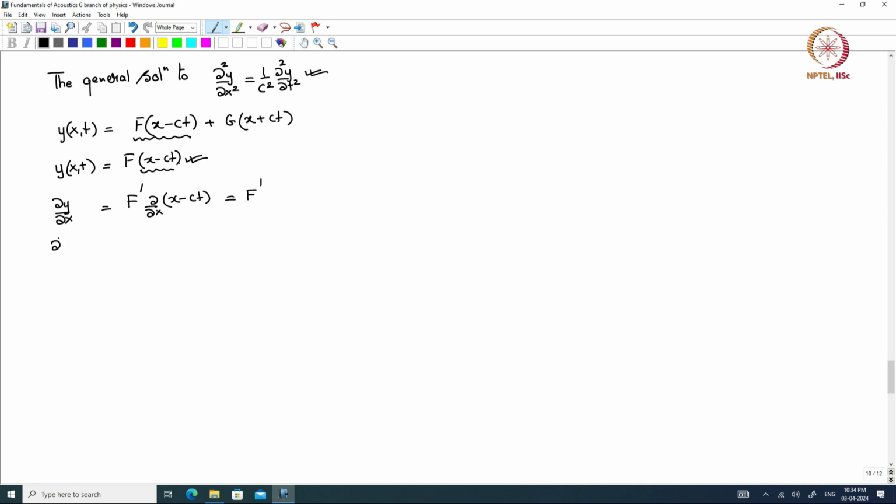Then del 2y by del x square is equal to del by del x of f dash of x minus ct, and that is equal to f double dash into del by del x of x minus ct, which is again 1. So, that gives me f double dash. So, the left hand side is f double dash.